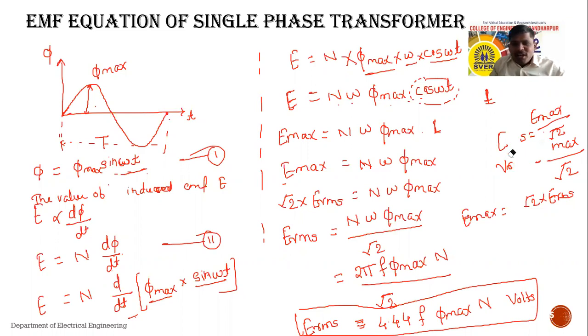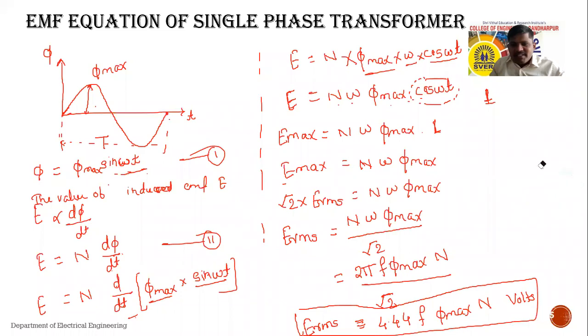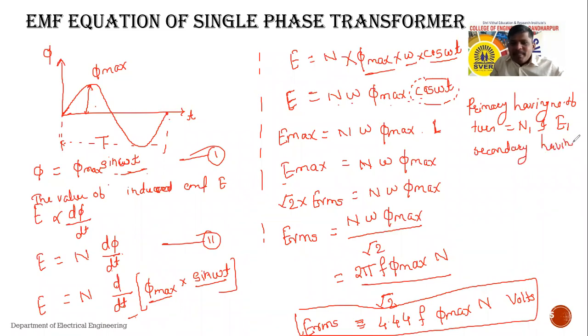Now if we represent this equation for the primary winding and the secondary winding, consider a primary winding having N1 number of turns, with induced EMF at the primary side E1, and a secondary winding having N2 number of turns, with the EMF induced in the secondary winding E2.